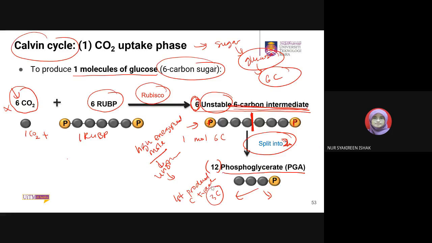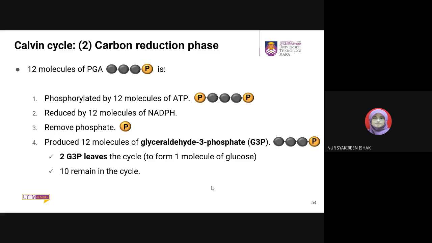Okay, so untuk phase yang kedua sekarang ni adalah reduction phase. When it enters into the reduction phase, the 12 molecules of PGA are phosphorylated by 12 molecules of ATP. PGA ni dia ada satu fosfat. Bila ATP masuk, ATP akan bagi dia punya fosfat, ATP akan jadi ADP. Dia akan release terminal fosfat dia, so dia akan attach kat molekul PGA ni.